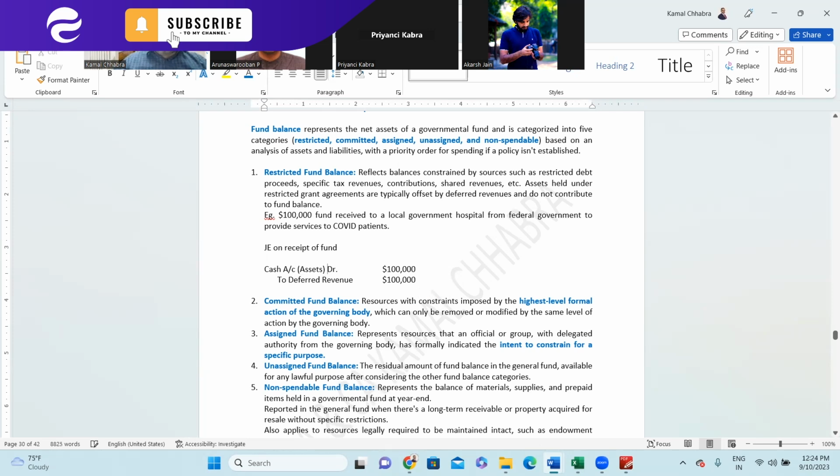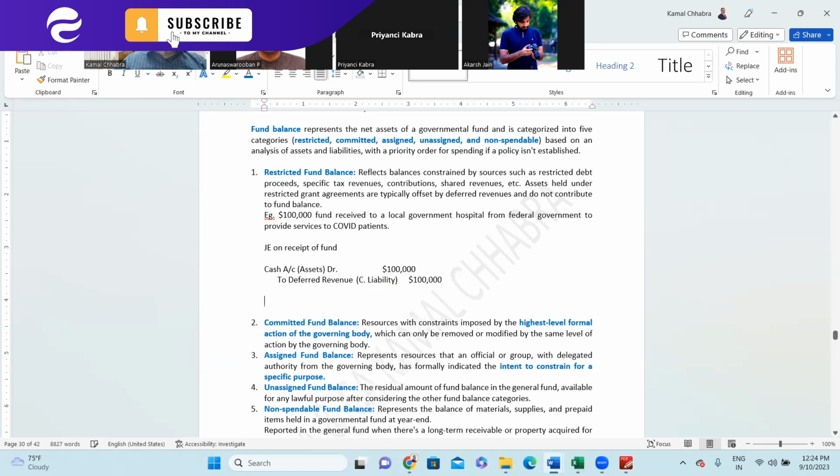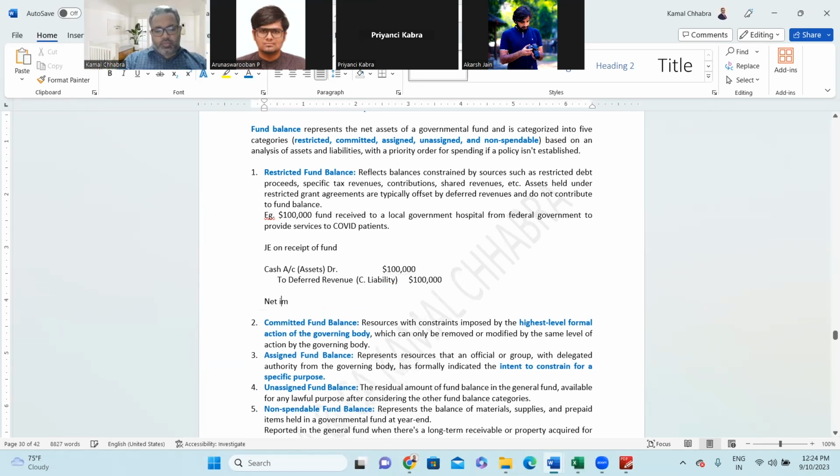So this is your assets. This is the current liability, right? Net impact on fund balance.